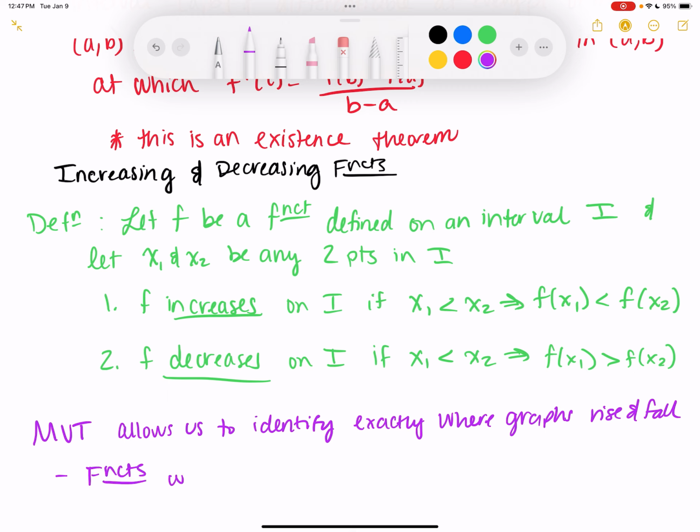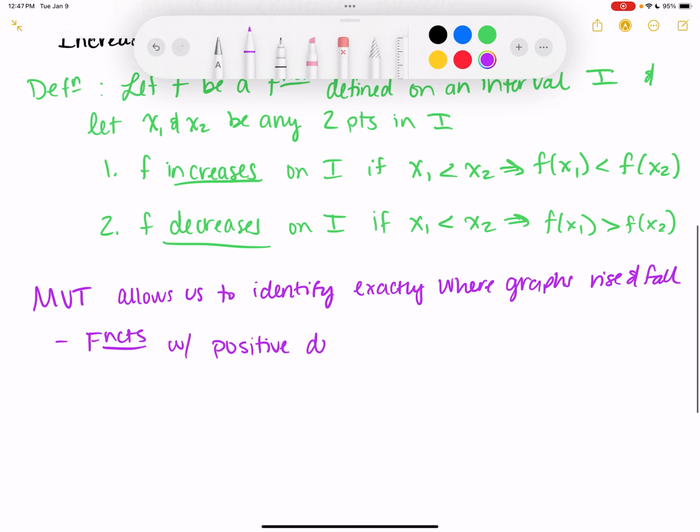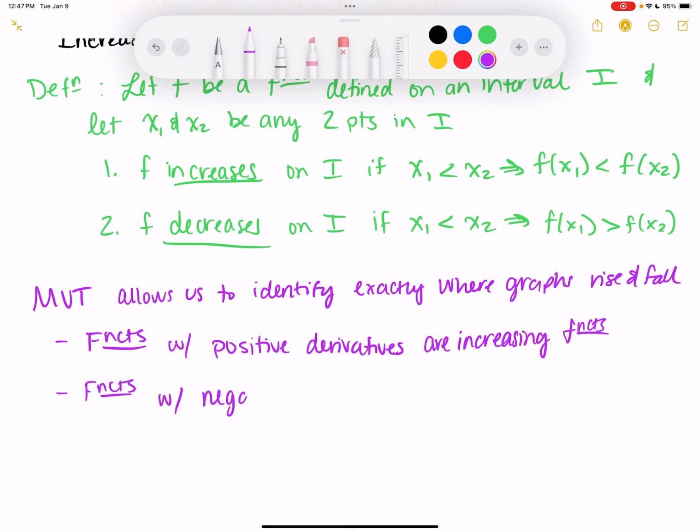Functions with positive derivatives are increasing functions, functions with negative derivatives are decreasing functions.